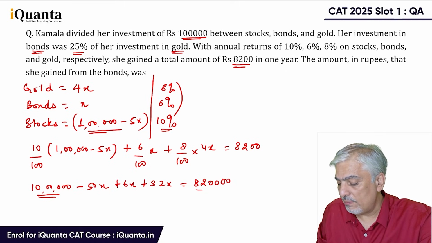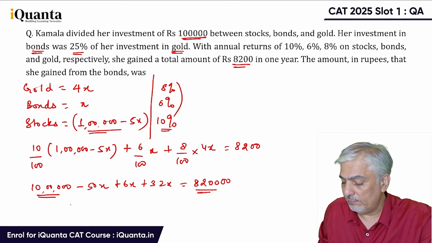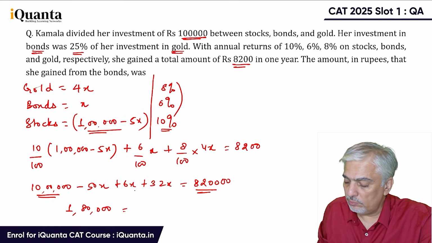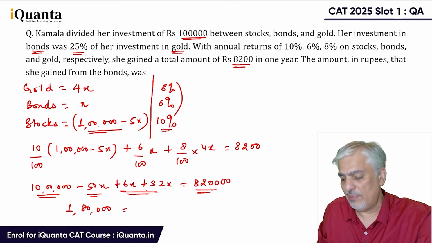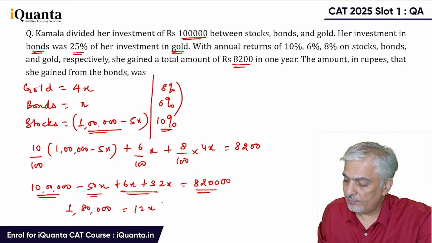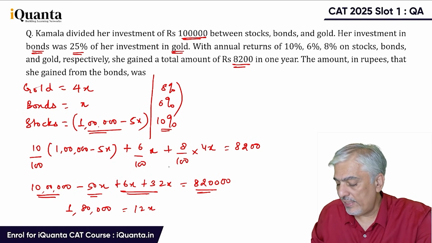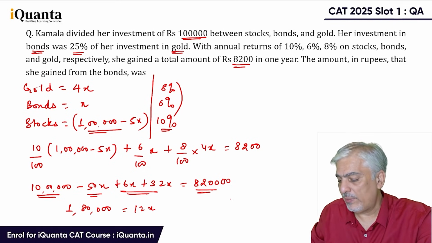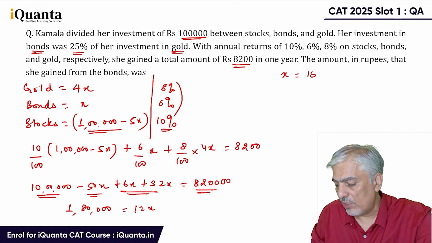So 10 lakh minus 8,20,000 will be 1,80,000 is equal to, this will become 38 and this will become minus 50. So how much will that become? That will become 12x, right? Now, if I solve this, 1,80,000 divided by 12, I will get x as 15,000.